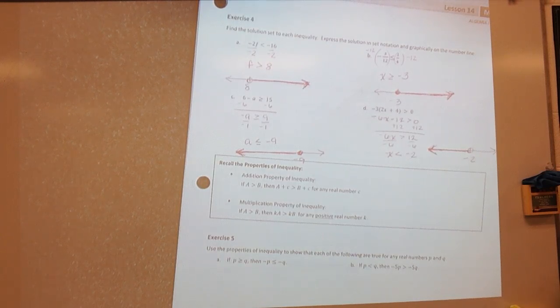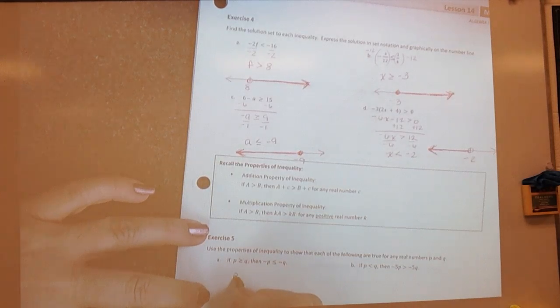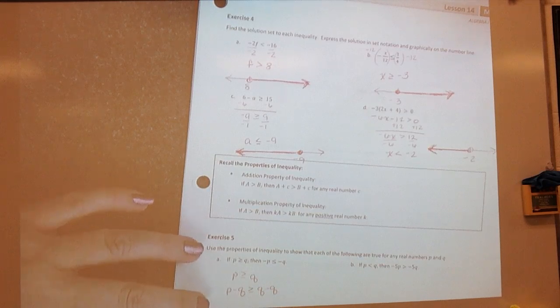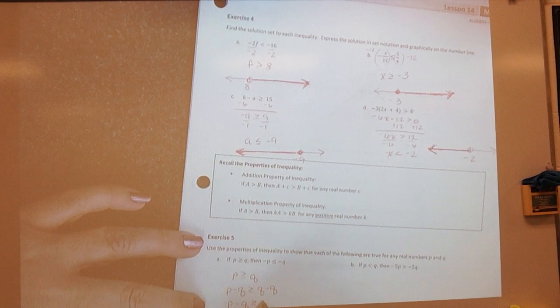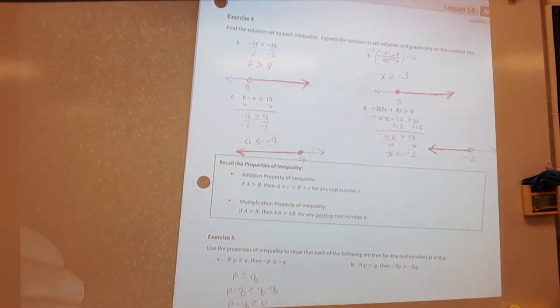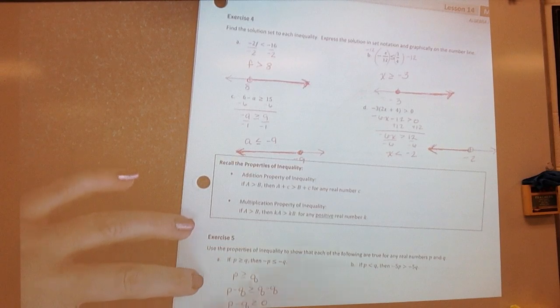All right. We'll just kind of run through these. We're not going to spend a whole lot of time on these. So P is greater than or equal to Q. I'm going to subtract Q from both sides. So I get P minus Q is greater than or equal to 0. Because I need a negative Q, I'm going to subtract P from both sides.